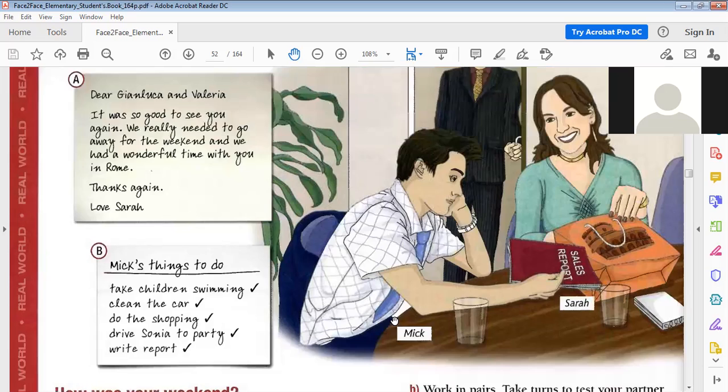Yes, he is catching, يمسك, he's holding a sales report. I think it's about something work. Something related to work, you mean? To work, sales report.